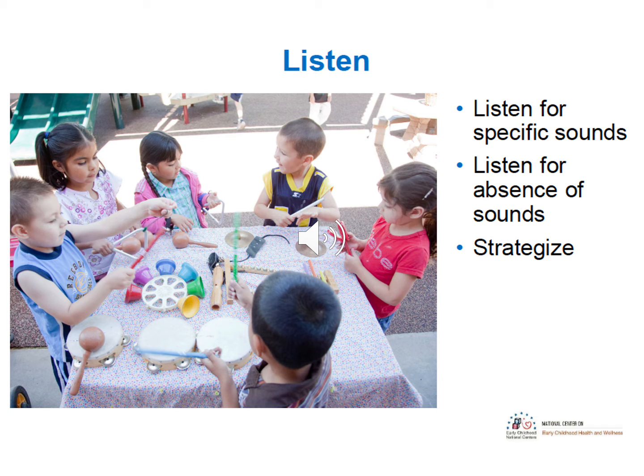The next step to active supervision is to listen. You need to listen for specific sounds, normal sounds, the sounds of children playing, the sounds of their conversations, the sounds of their interaction. You also need to listen for absence of sounds. If it's too quiet, that's usually not normal. And strategize.